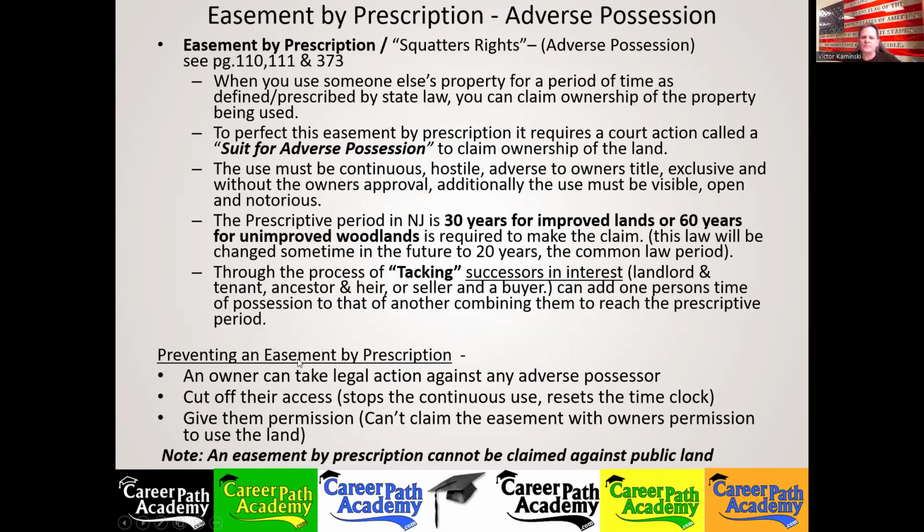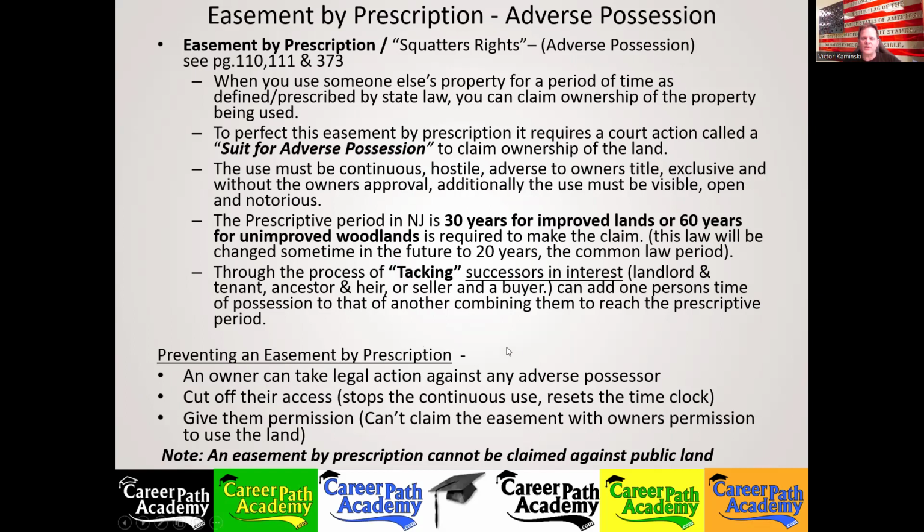But an owner can prevent somebody from gaining an easement by prescription by taking action against any adverse possessors that they're aware of that are using their property. Remember, it has to be continuous, hostile, adverse to the owner's title, exclusive, and without the owner's approval. Additionally, it must be visible, open, and notorious that they're using the property.